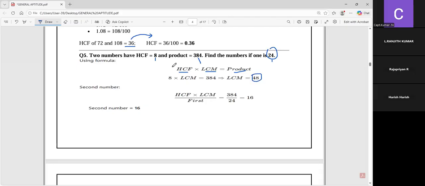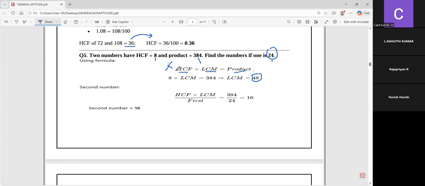So please memorize this formula. The product of HF and LCM is equal to the product of the numbers. This is applicable only for two numbers. Suppose three numbers are given, then use a similar method to find the HF value and the LCM value and the product of these three values.